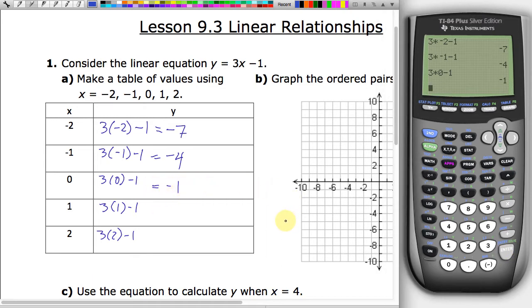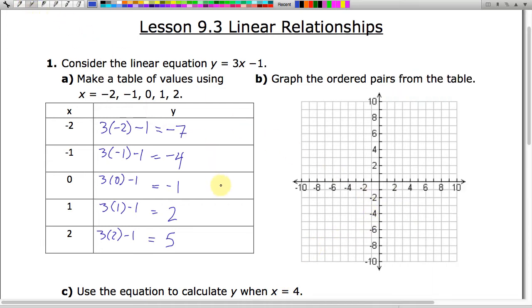And maybe by this point you're starting to figure out that each time we're increasing y by 3 while x is going up by 1. So adding 3 to the -1 gives you 2, and adding 3 to the 2 gives you 5. I mean, you can double check that. 3 times 2 is 6, minus 1 is 5. Yeah, that does work.